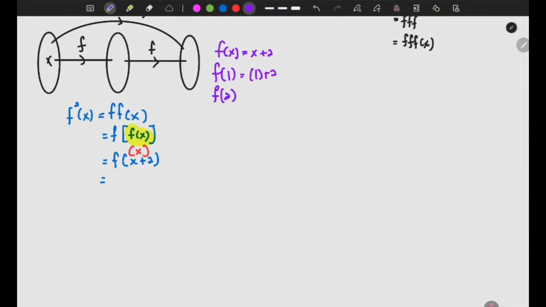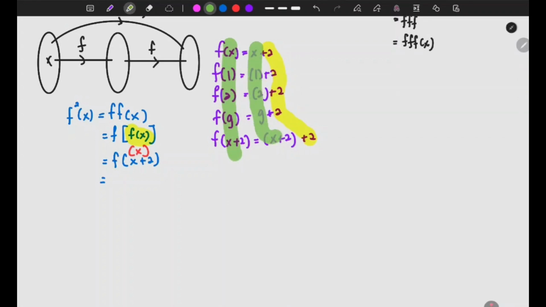Here is x plus 2, and then replace here with x plus 2, and don't forget to plus 2. Everything is the same. The only difference is this. So same thing. x plus 2 plus 2, and then you open your bracket, normal adding: x plus 2 plus 2 is x plus 4. And you're done. f squared x is actually x plus 4.